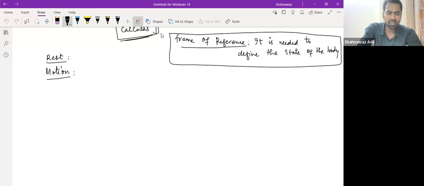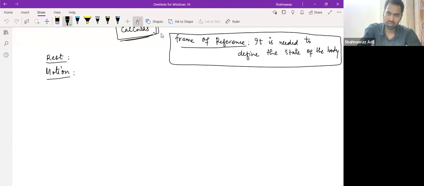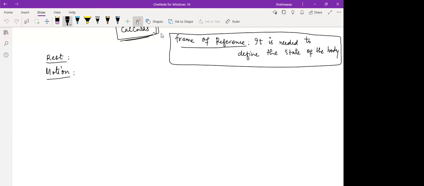And let's say that a person is watching me from outside the car. For that person, I will be moving or stationary? Moving, sir. Yes, I will be in motion.